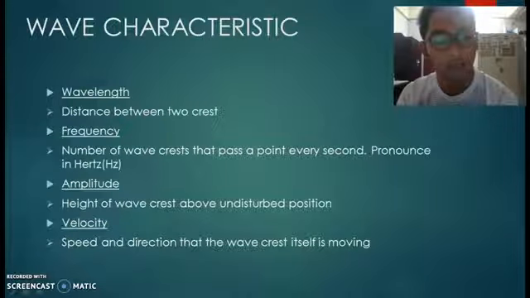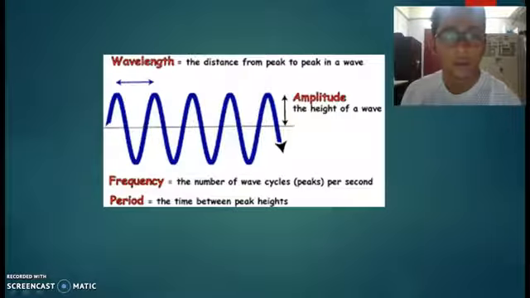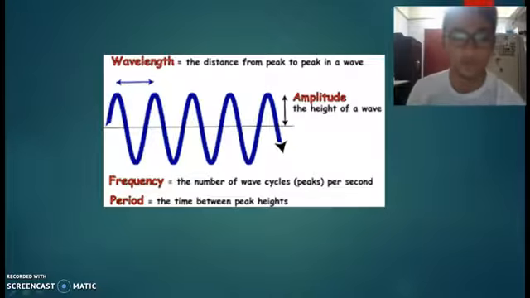Then we have amplitude, the height of the wave crest above the undisturbed position. We have velocity, the speed and direction that the wave crest itself is moving. This is the example: you can see wavelength, amplitude, frequency, and period.